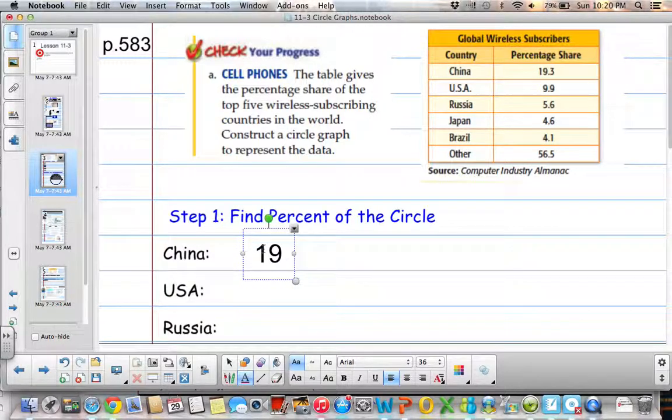We would take 19.3, multiply it by 360 because there's 360 degrees in the circle, and we would get 19.3%.